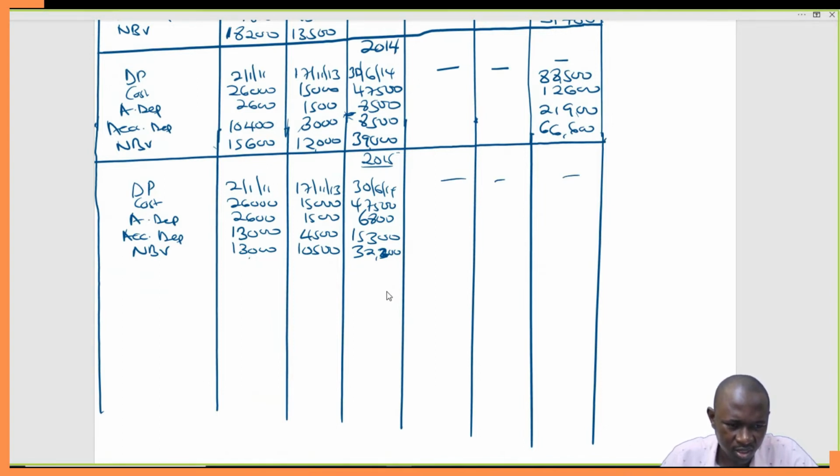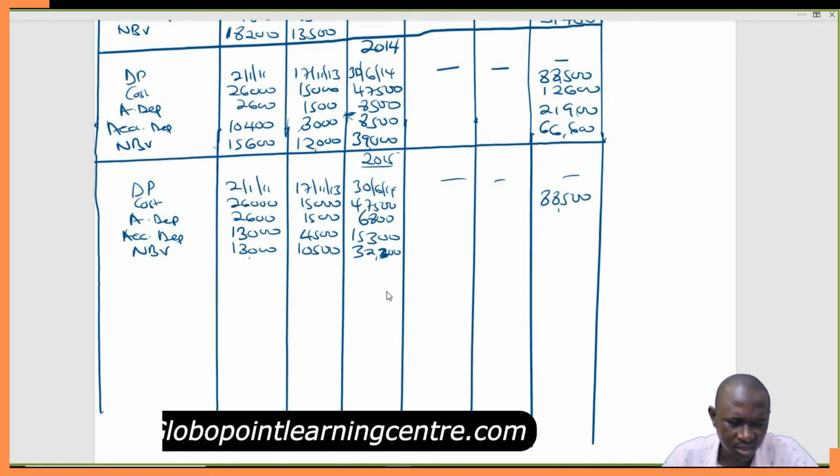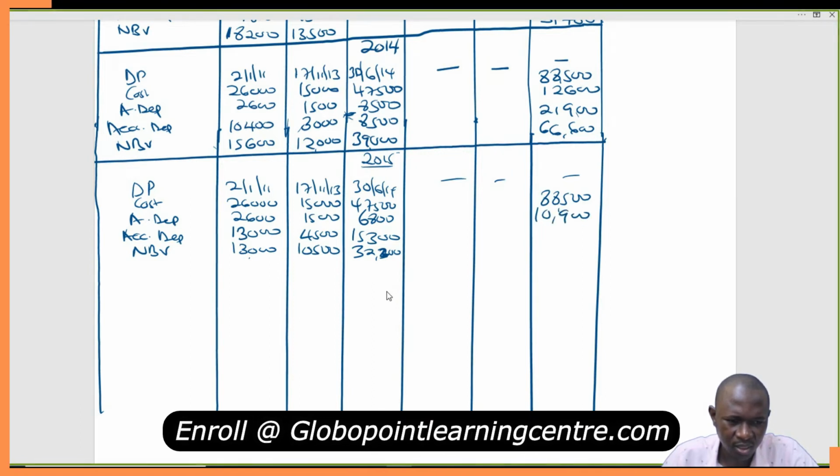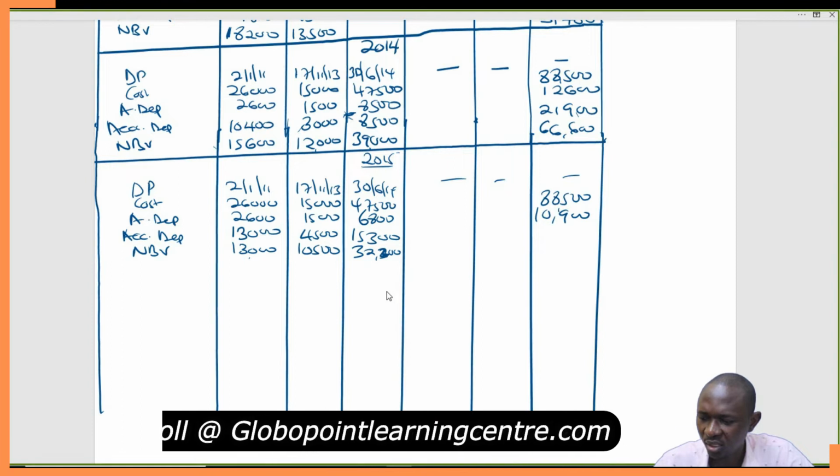So here the date, then we add 26 plus 15. This one will not change, so it will be 88,500. Then the depreciation will be 41 plus 68, that is 10,900. And then this one will be 13 plus 4, that is 17,500 plus 15,300.